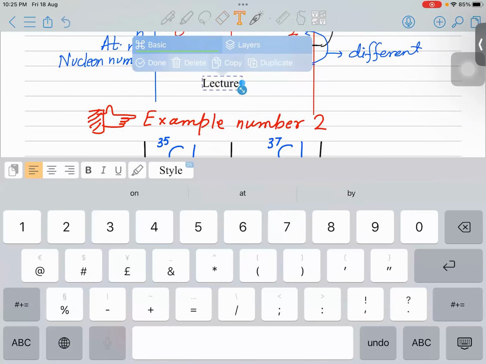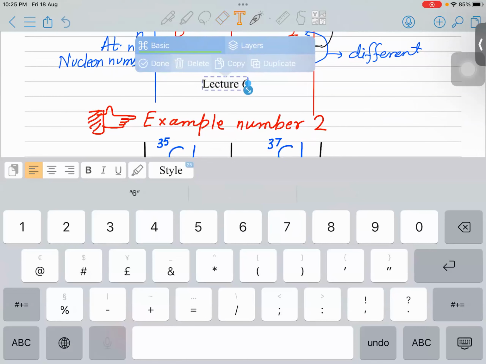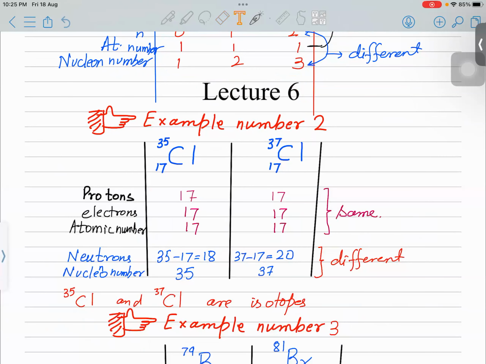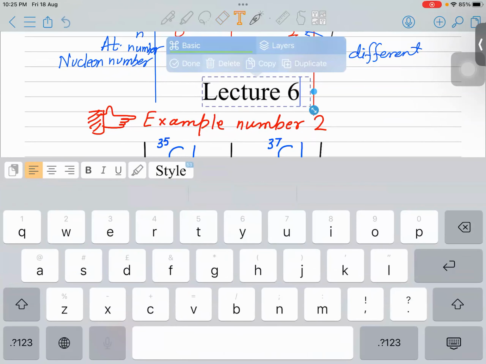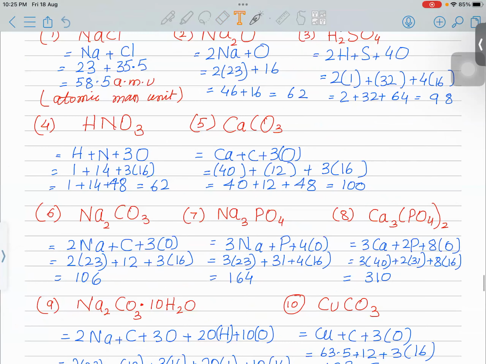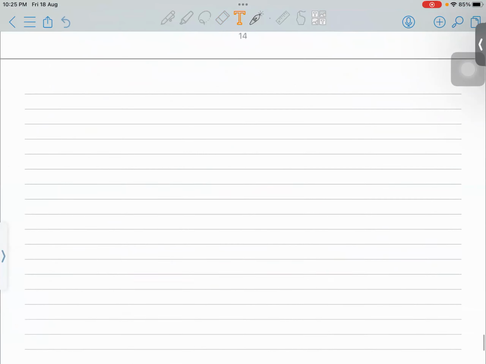Inshallah, tomorrow we will start lecture number 7.